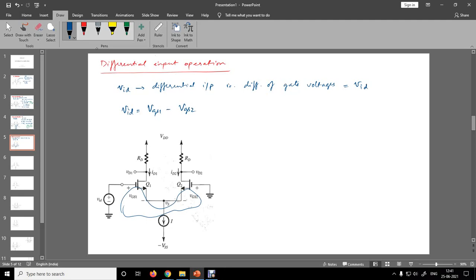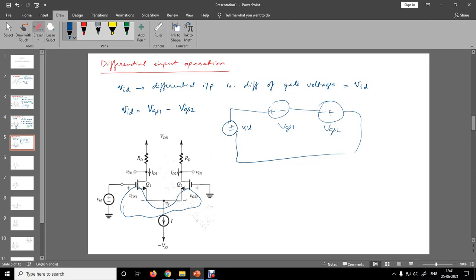Then you will get plus minus VID, then here plus minus VGS1, then here minus plus VGS2. Follow the nodes around, then it will look like this. If you write this in the form of an equation, then you will get VID as VGS1 minus VGS2.